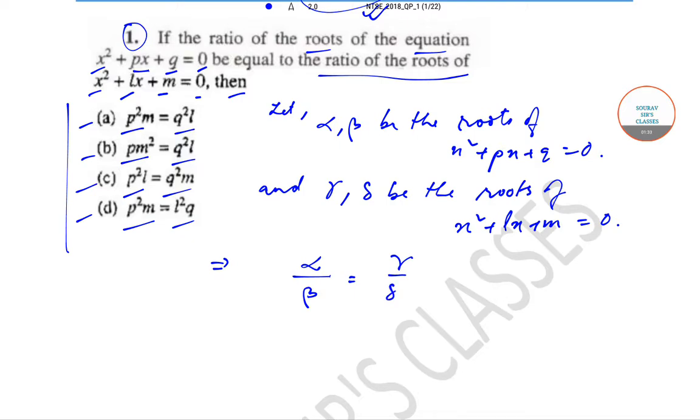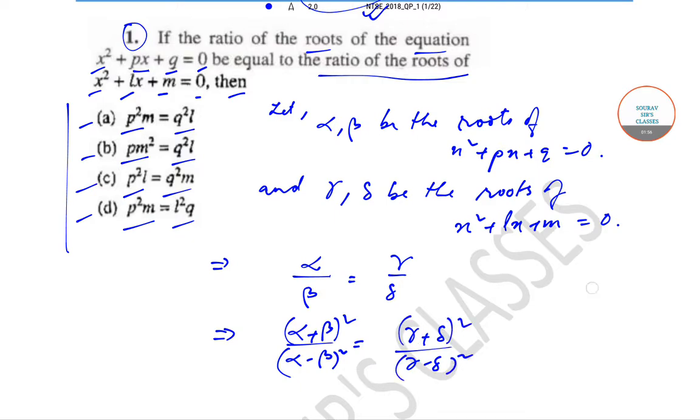So now if we apply the componendo and dividendo rules, we get alpha plus beta upon alpha minus beta is equal to gamma plus delta upon gamma minus delta. Now if we square both sides, this will be alpha plus beta whole square upon alpha minus beta whole square, and that will be equal to gamma plus delta whole square upon gamma minus delta whole square.